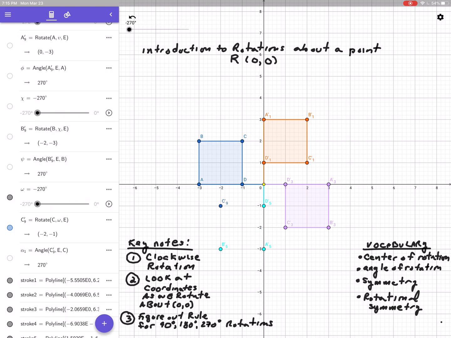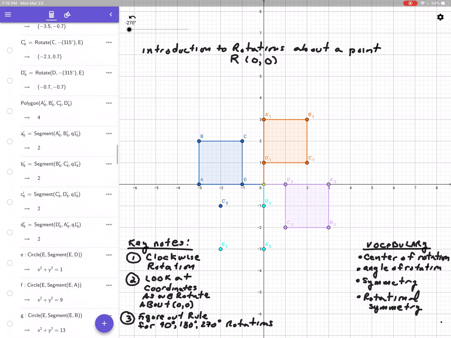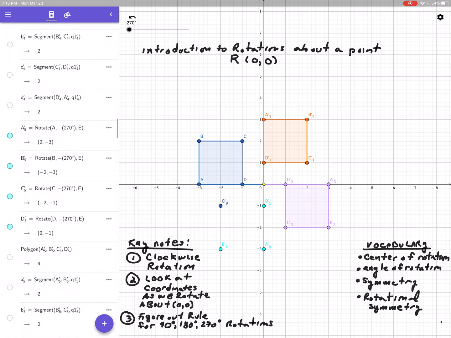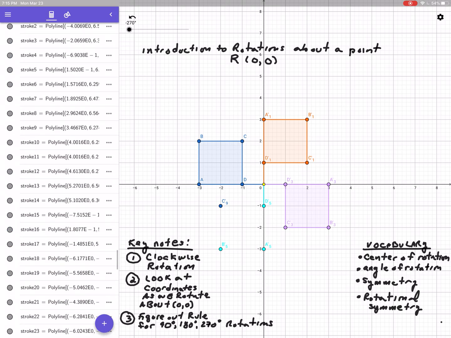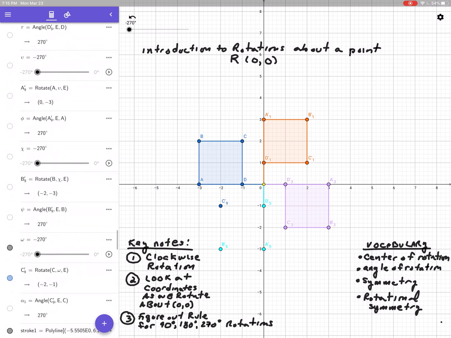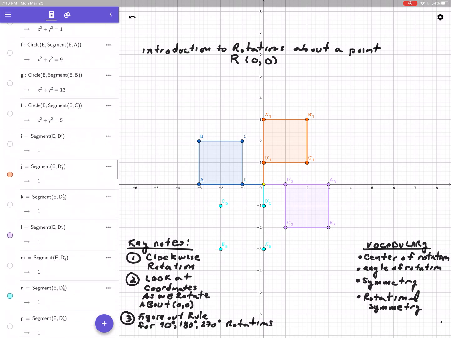Notice the angle. And we're going to make sure that we make a point there. That way we can make our polygon. And let's get rid of that. We can see that the 4 points are there, has been rotated.